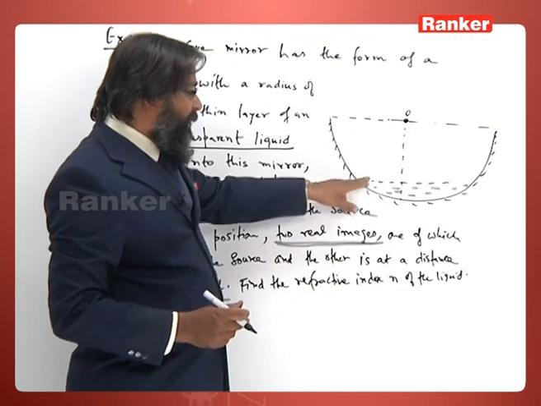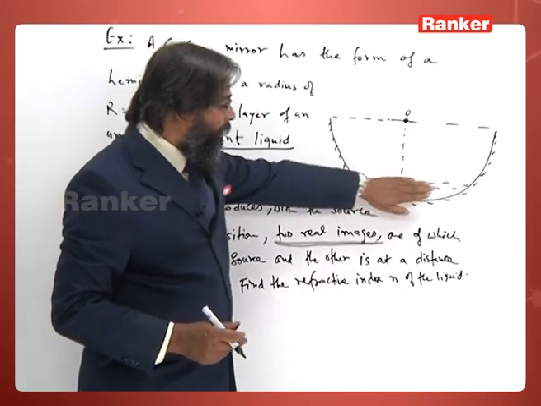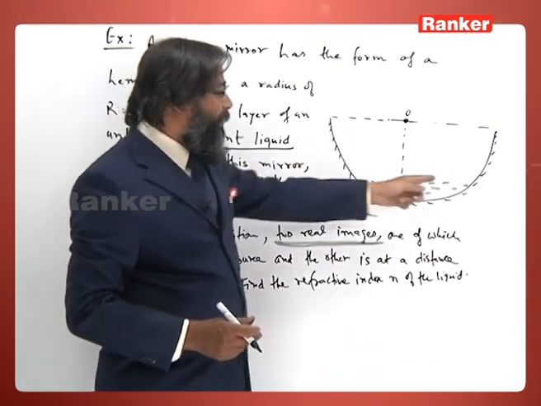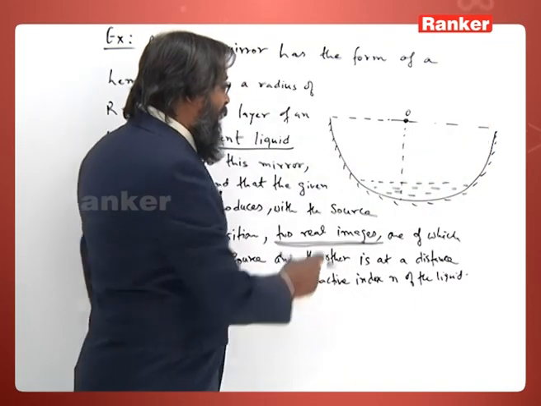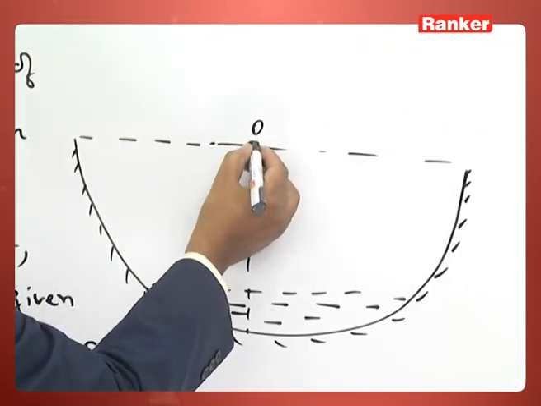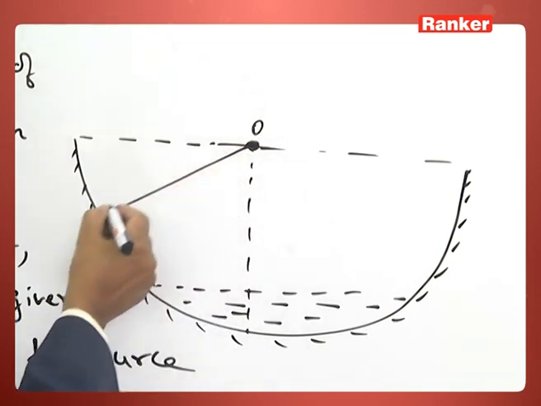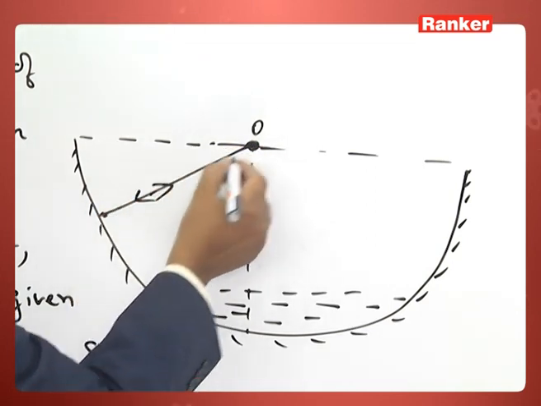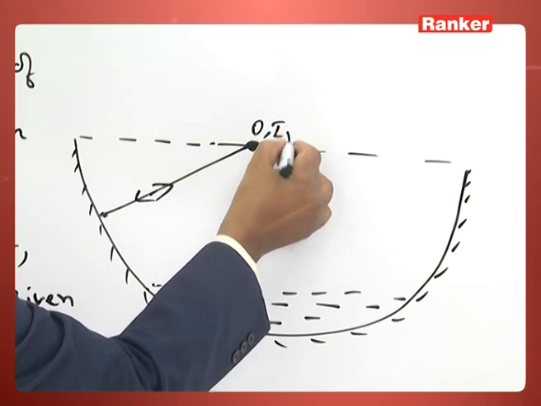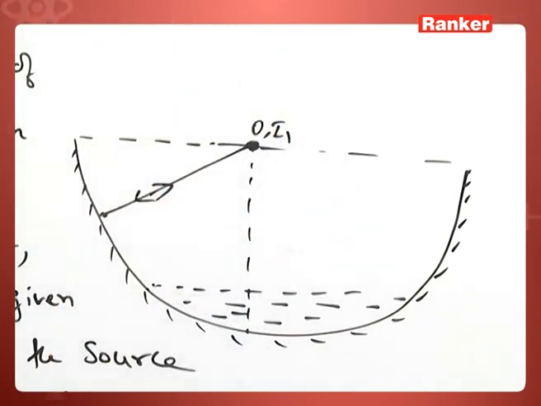So this liquid is there. So this portion if I remove, then this is the spherical mirror, and if a point object is placed, you see any ray going like this will retrace, and so its image I1 will be formed on itself.